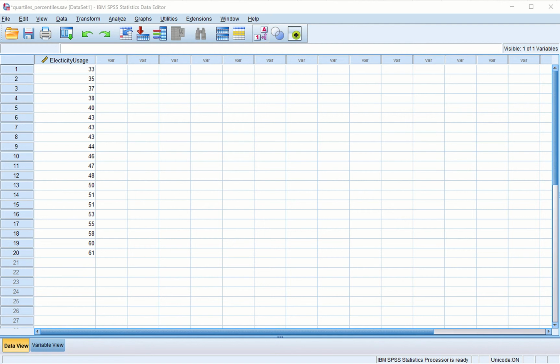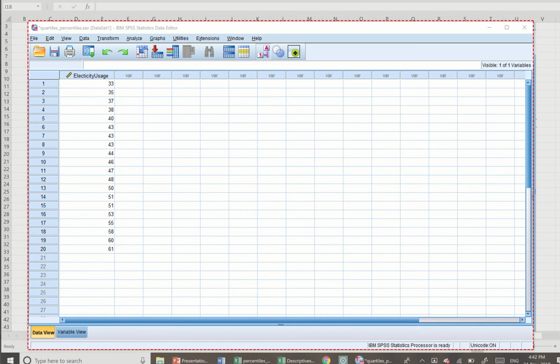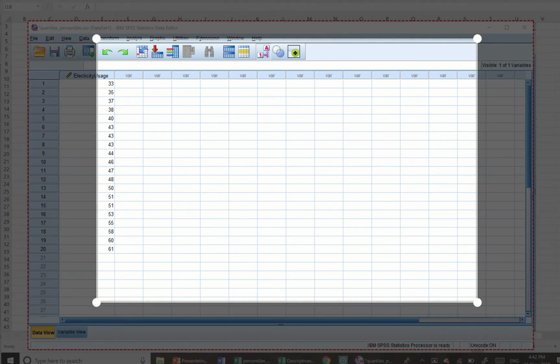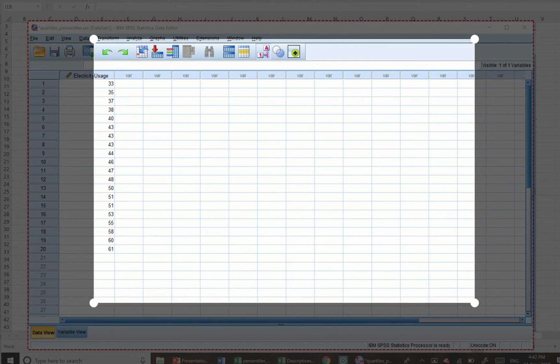Now what do quartiles basically do? Quartiles divide the series into 4 equal parts.